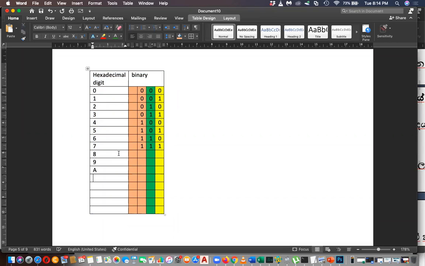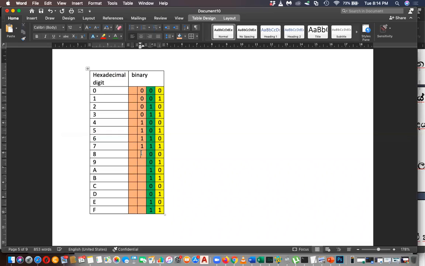8, 9, 10, 11, then 12, 13, 14, and 15. I'm going to repeat the pattern. 0 1 0 1 0 1 0 1. Then here, 0 0 1 1 0 0 1 1.